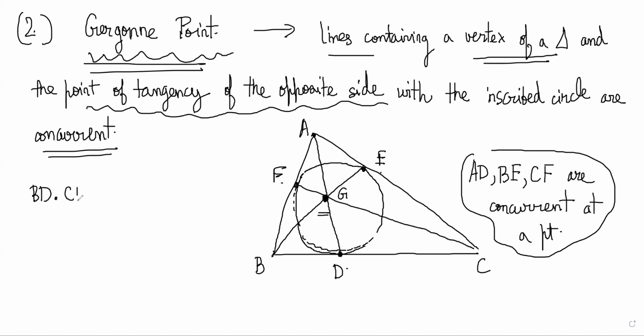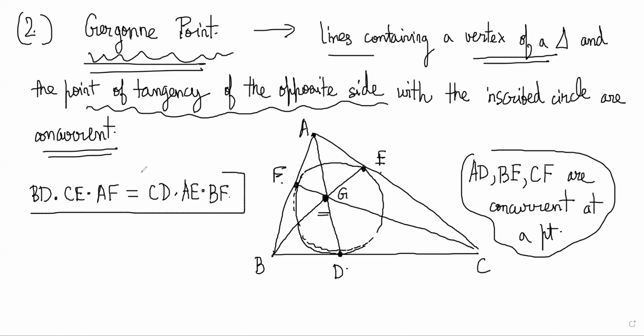BD times CE times AF should be equal to CD times AE times BF, right? This is what I need to prove by Ceva's theorem. Now, it is really obvious if you have done a little bit of properties of triangle you know that this length, this tangent distance is actually s minus b. This is also s minus b.